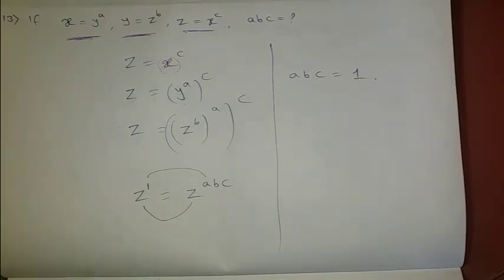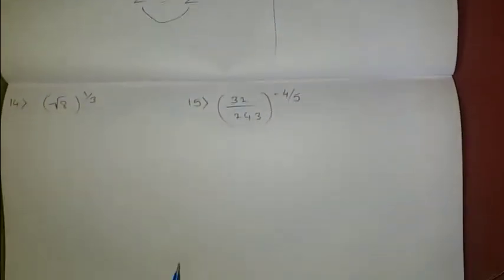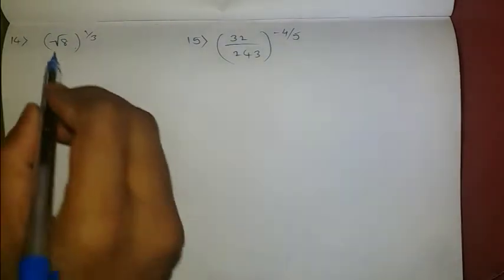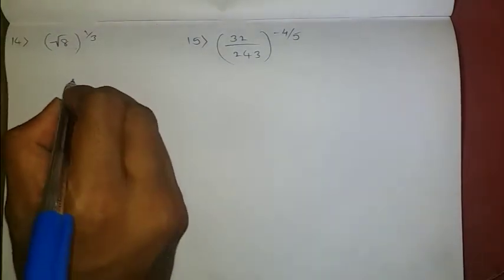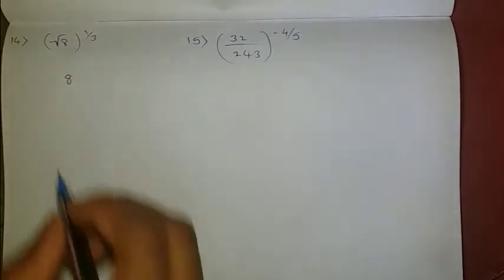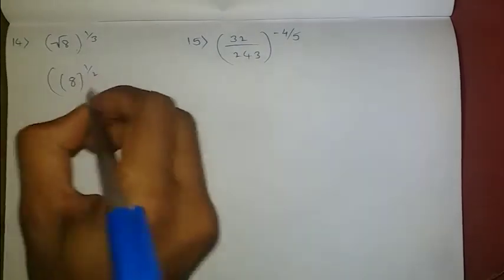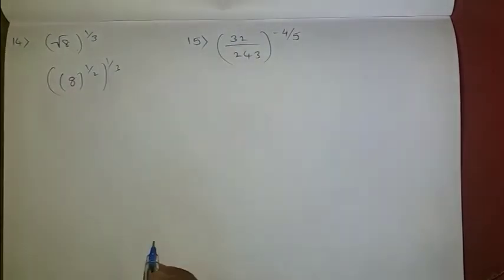Okay, let's move to the next question. What is the value of root 8 whole power 1 by 3? Here root 8: 8 as it is, root is power 1 by 2, whole power 1 by 3.